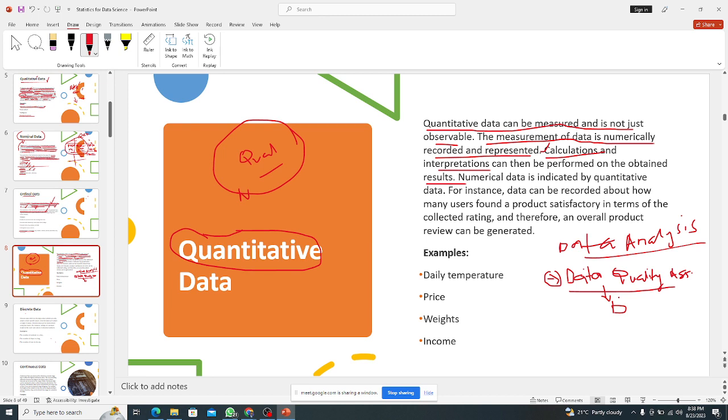So you have to check the relevancy of the data in comparison to your objective. For you to attain the objective of your analysis, you must have relevant data.